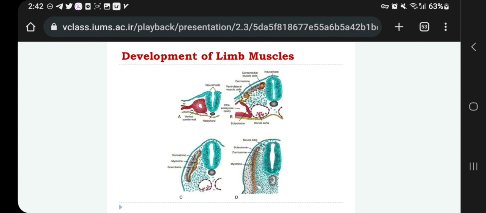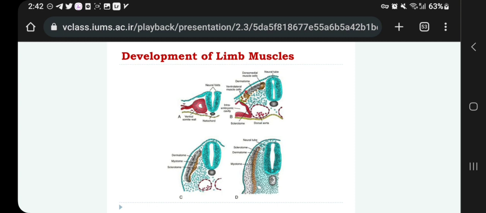What happens to the myotome? Here is the dorsomedial part, and here is the ventrolateral part. The dorsomedial part differentiates to the muscles around the vertebra.